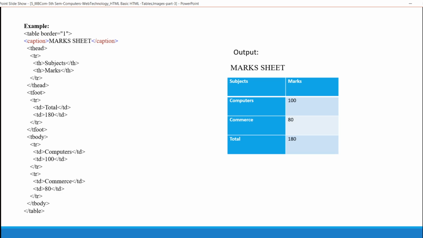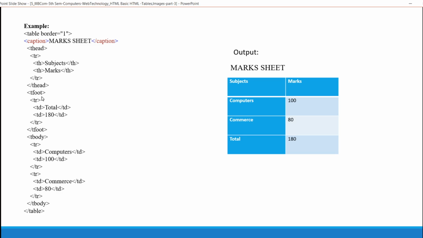Example for these advanced tags. First one is caption. Caption is placed immediately after the table tag. Table border, caption, thead, TR, subjects, marks, close TR, close thead. In thead I am writing subjects and marks.